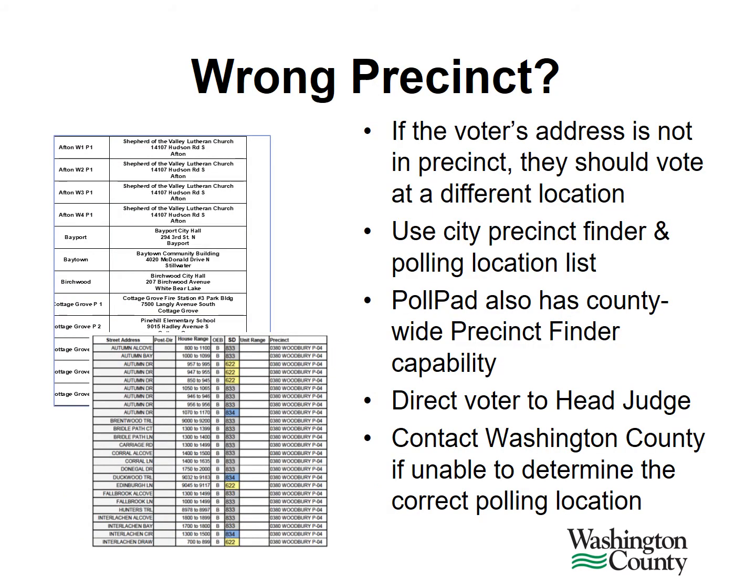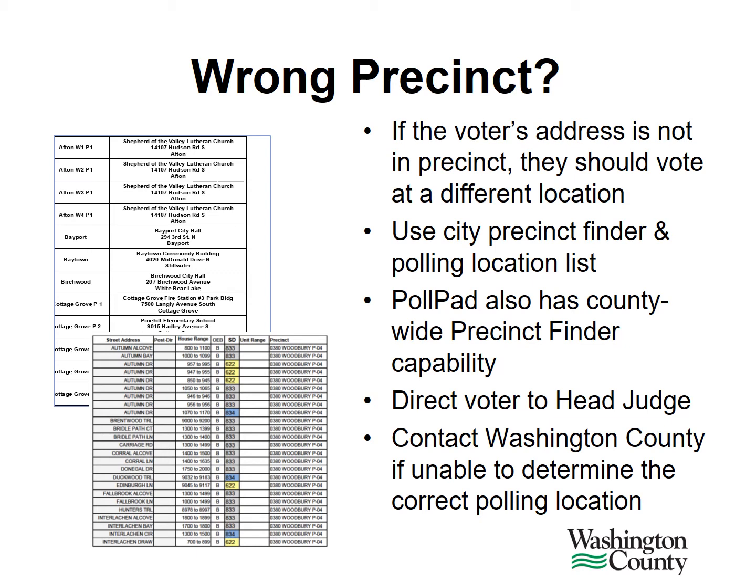If you determine that the voter's address is not in the precinct, they should be voting at a different location. In order to find this location, if they still live within the same city, you can use the City Precinct Finder and Polling Location List located in the Head Judge folder.